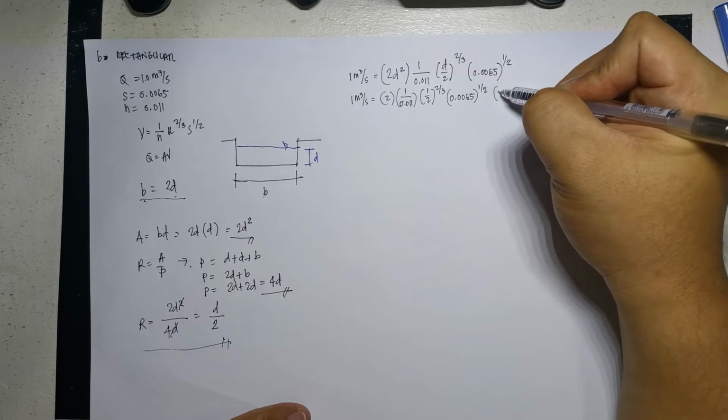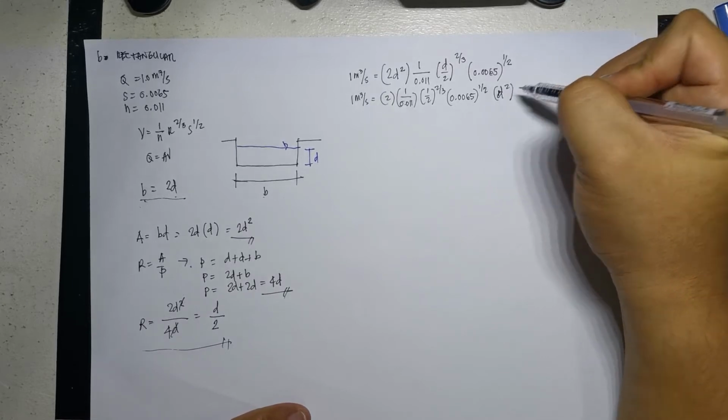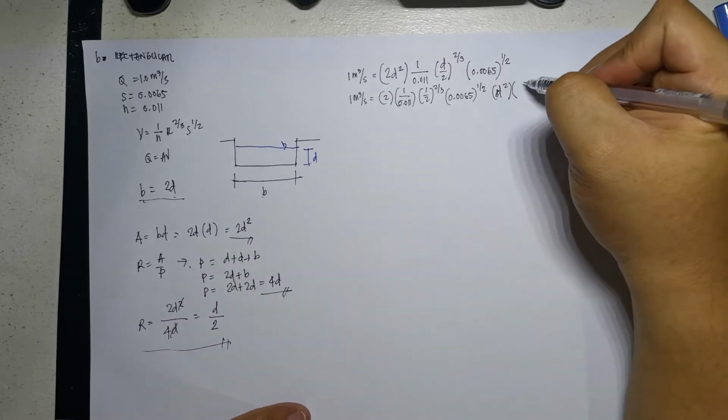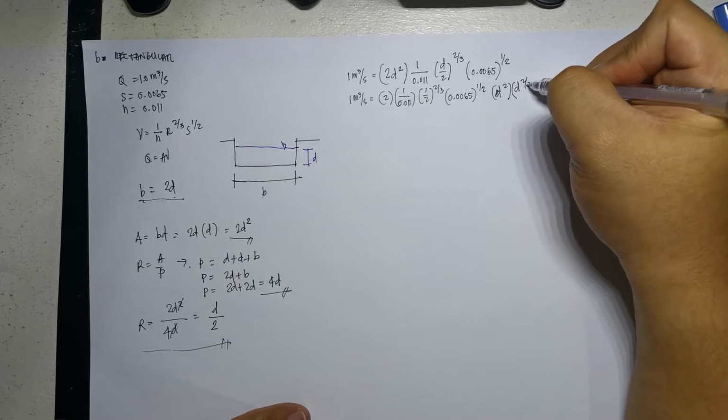Ang natira dito is D squared times D raised to 2/3.